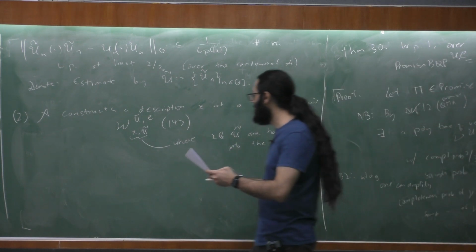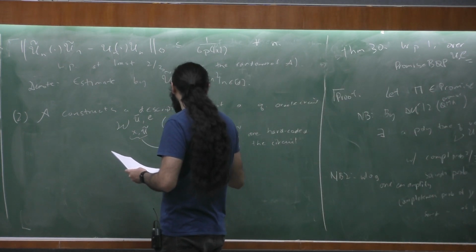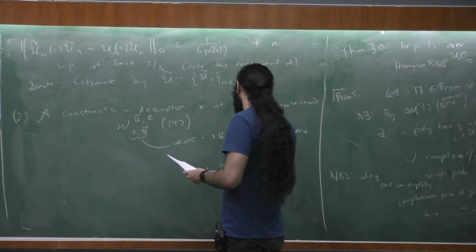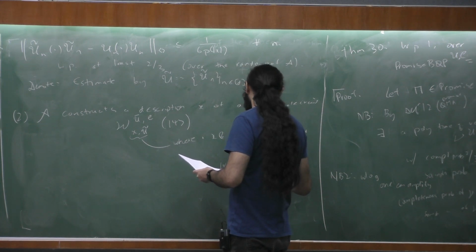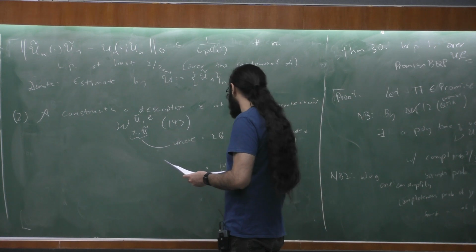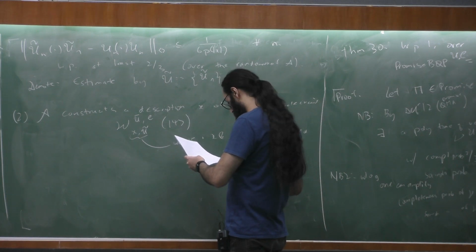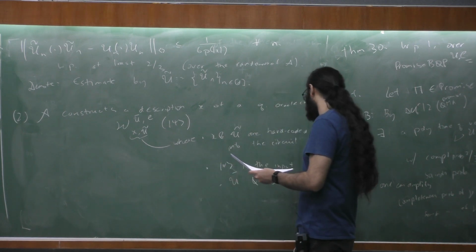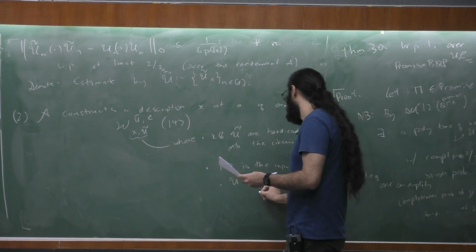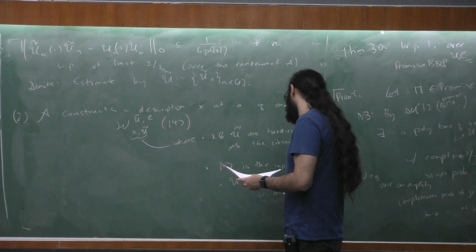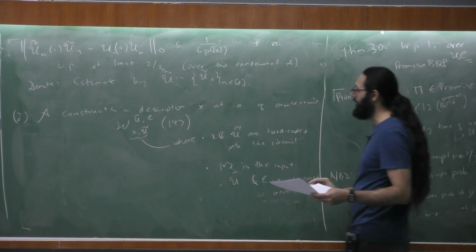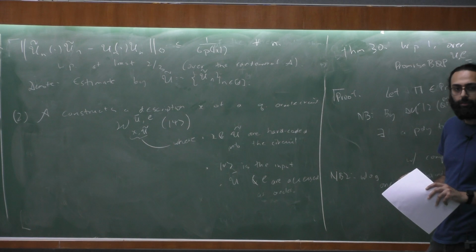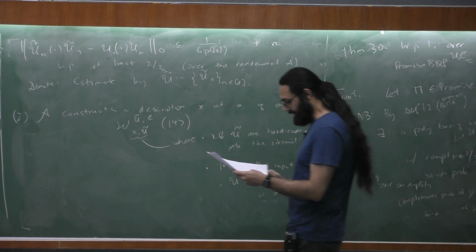And the second one is that psi is the input to the circuit, and U bar and C are accessed as oracles. Okay. Is this fine? Right.